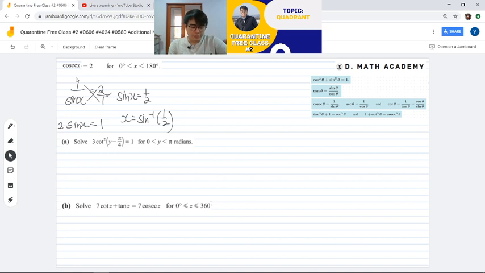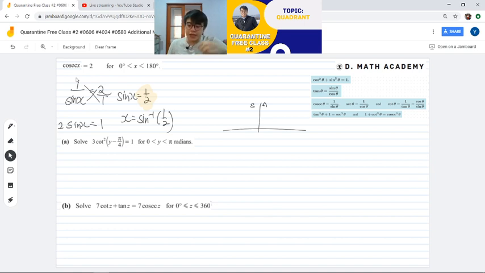The next thing I will look at is the value over here. I will check whether it's positive or negative. Since it is positive, the answer will fall in the first and second quadrant, because in the first and second, sine is positive.